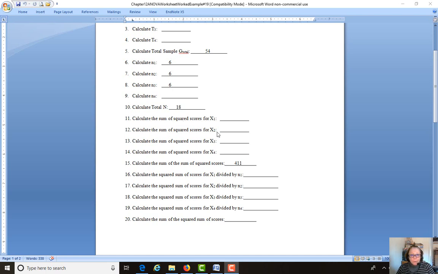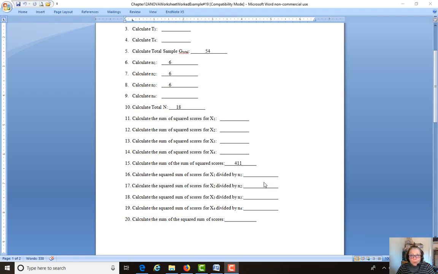But for this first set of steps, what you would be doing if you did it with the raw scores would be squaring each of those raw scores, summing those new columns up, and then adding that up. Here in problem 19, that sum of x squared value is given to us, and so we can just enter it in on line 15.